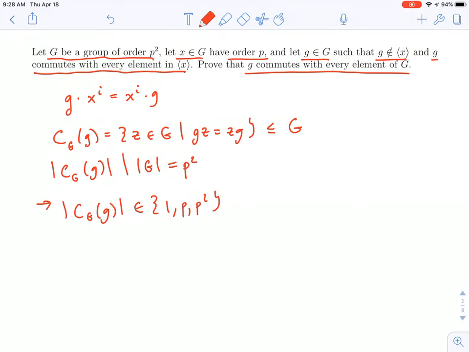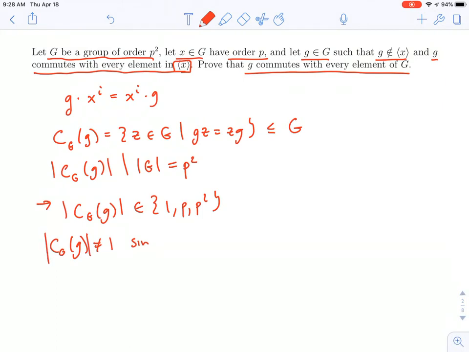Okay, but we can rule some things out pretty quickly. For instance, we know that it's not 1. Why is it not 1? Well, we know that this little g commutes with every element in the group generated by x, which contains p different elements, because x had order p.